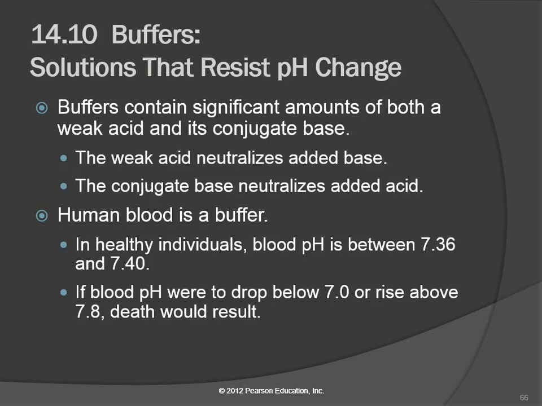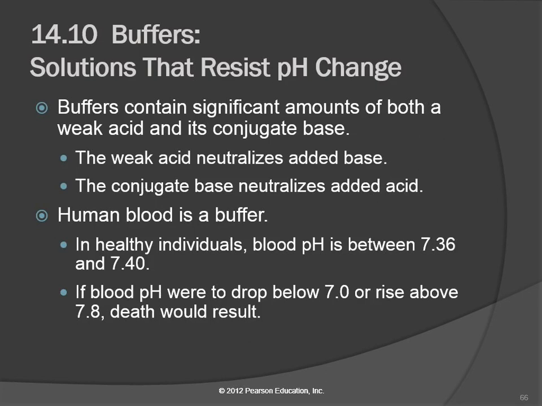Something that diabetics have to worry about is ketoacidosis, where the body produces too many ketones which react and form acid and overwhelm the buffering system of the blood and cause the pH of the blood to drop. And if you get below pH 7 in your blood, you'll die.